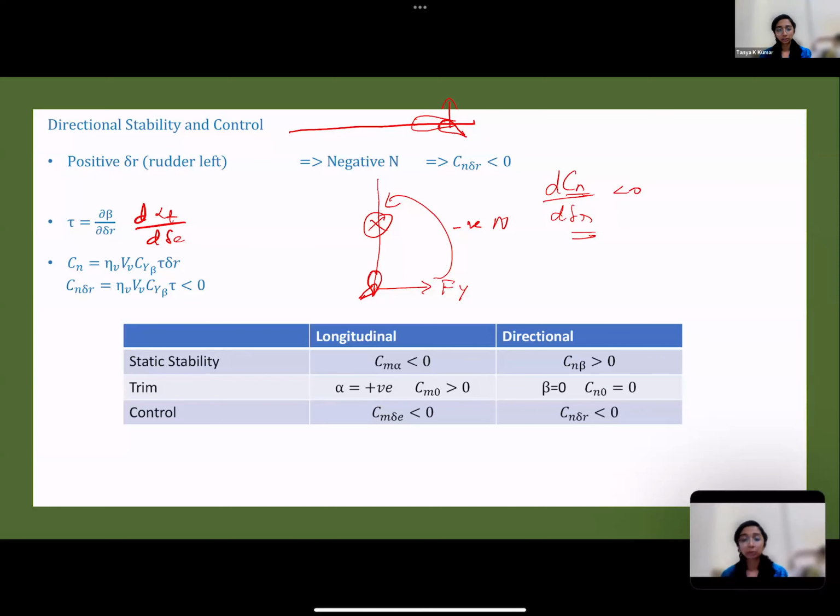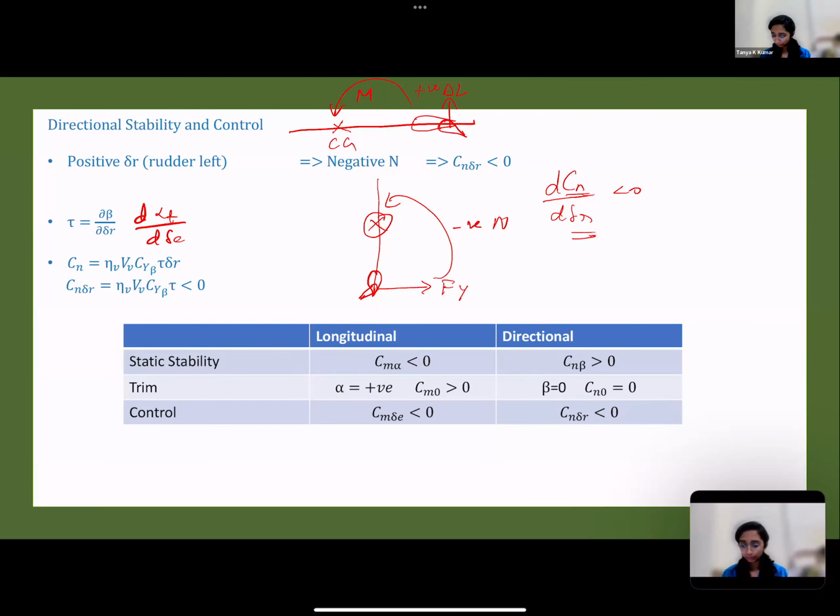Because of the increase in the effective camber, it produces an extra lift. So you have positive delta L. And if this is the CG of your aircraft, it produces a nose down moment. Nose down moment, M. Positive or negative?